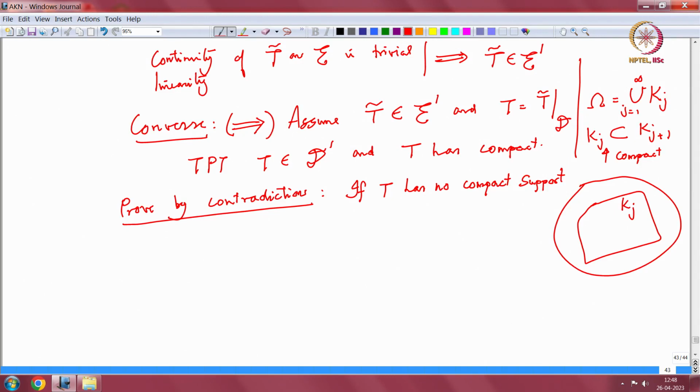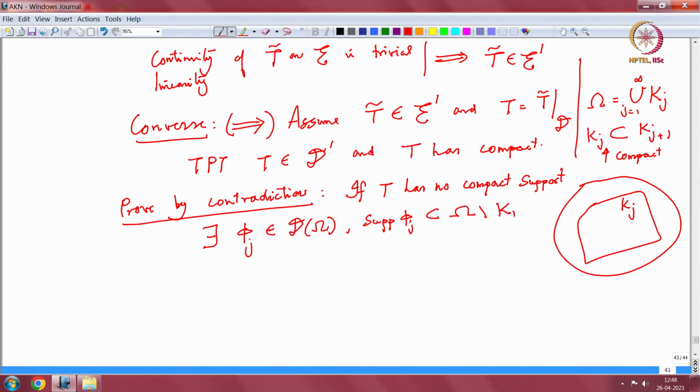Suppose T phi equal to 0 for all phi supported outside K_j; that essentially means the support of T is K_j. So there exists phi_j in D(omega) with support of phi_j contained in omega minus K_j.